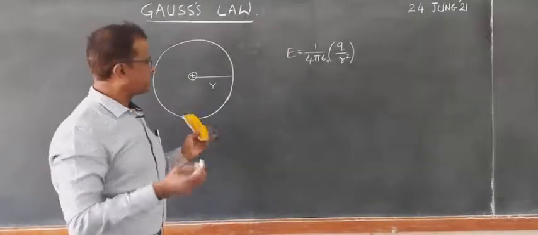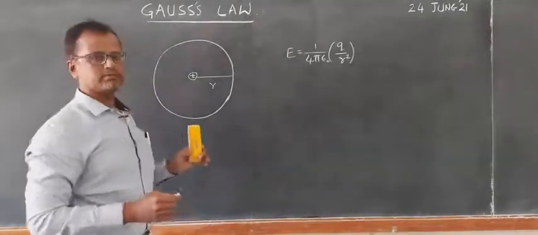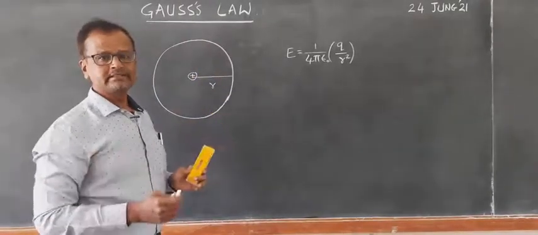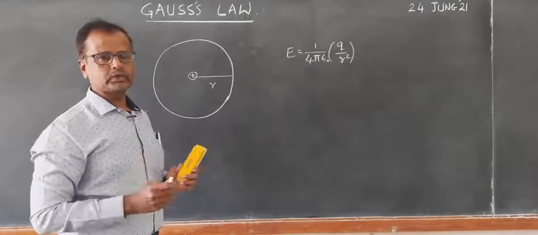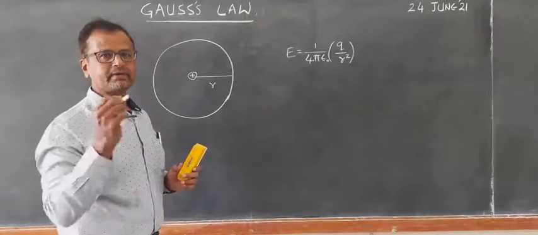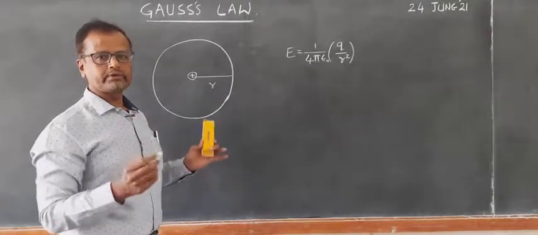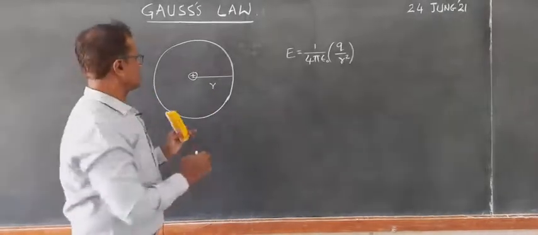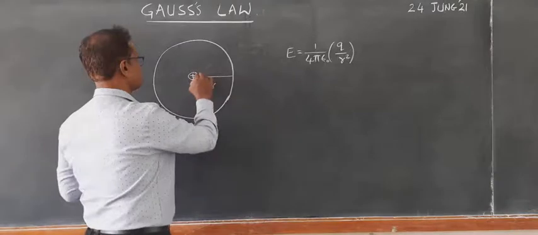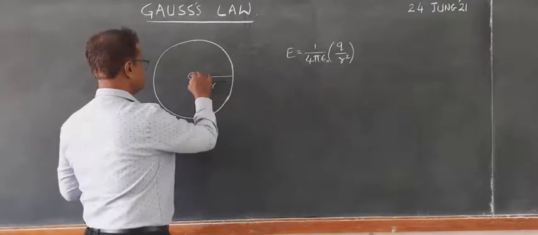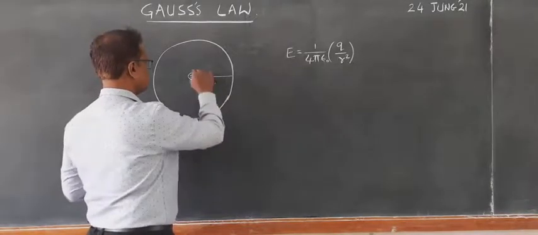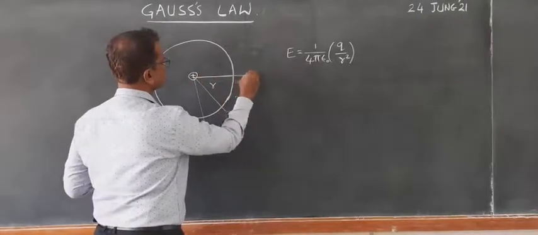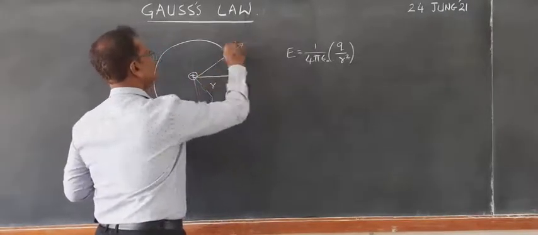Now, if I calculate the total flux enclosed by this spherical surface, what am I going to get? We know how to calculate total flux. Yesterday we learned how to calculate total flux linking with the surface. The flux linking with this surface is due to the electric field lines which are radially outwards.